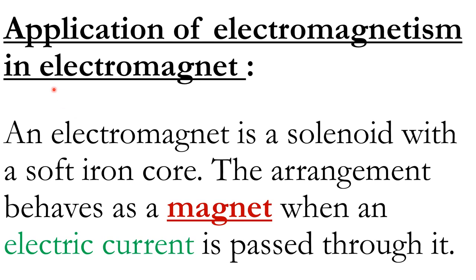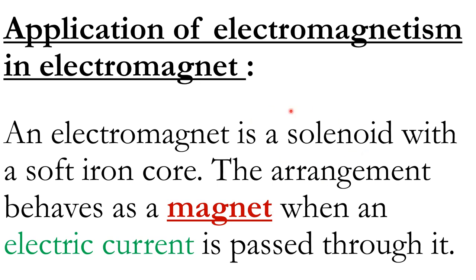In this topic, let's discuss some of the applications of electromagnetism in electromagnet. An electromagnet is a solenoid with a soft iron core. The arrangement behaves as a magnet when an electric current is passed through it.